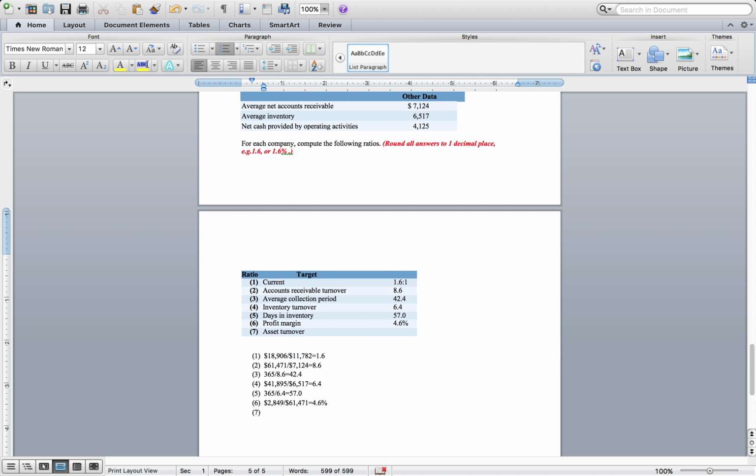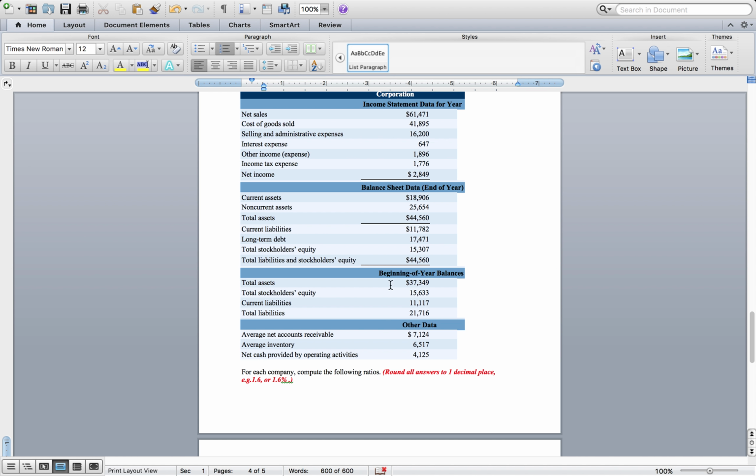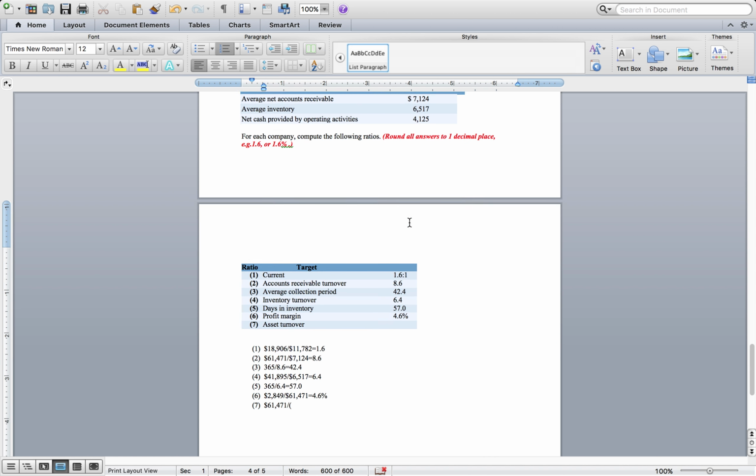All right, the last one, my asset turnover. Again, your asset turnover starts with my net sales, which we just got, $61,471. Then what you want to do is divide by your average assets. We saw there, the beginning balance of assets was 37,349, and the ending assets 44,560.